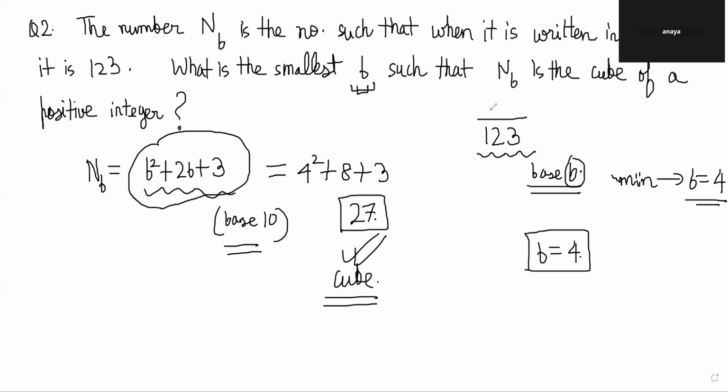We have to realize that if you're using the digits 1, 2, 3 in base b, the base cannot be 3, it has to be 4 at least. So you just check the lowest value. Otherwise, in general, it is slightly more difficult to think of how it can become a cube.